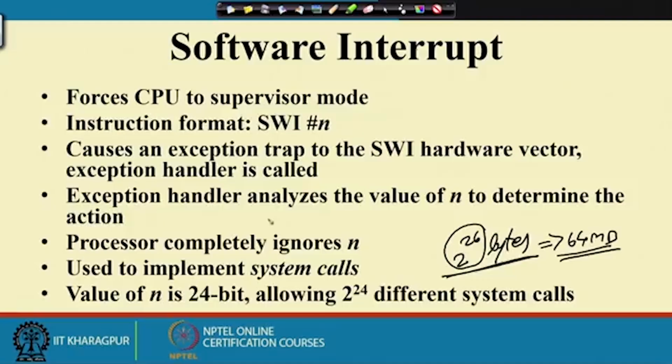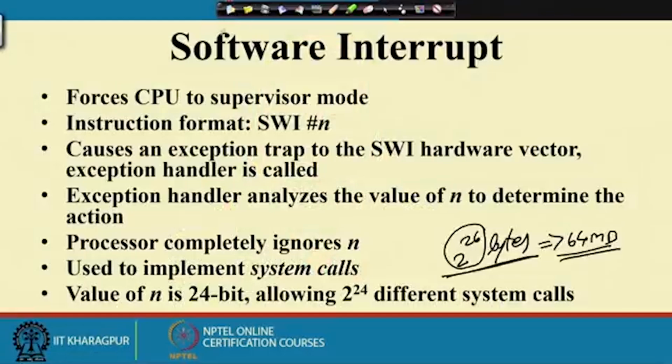So, what the ARM people have done is this: they will not go to different addresses. Whatever be the value of n that you have specified here, it will go to the same address. For all these 2 power 24 different system calls, the hardware will come to the same address, and in your software you need to differentiate between those values of n, and from there you call the routine. So, the processor gets the interrupt and comes to the same address.